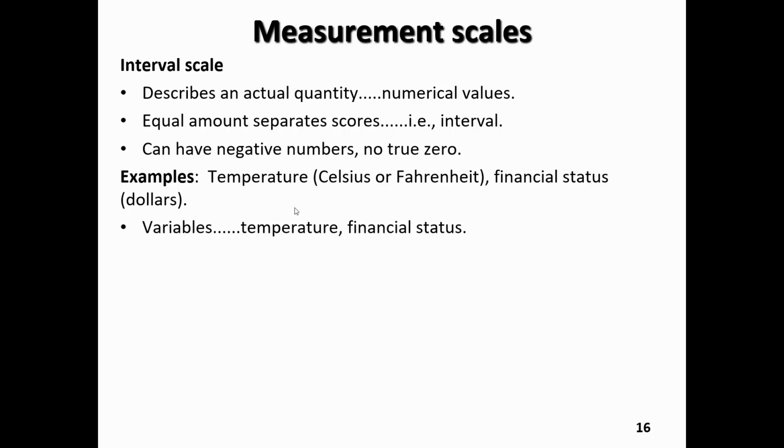And so in this example, temperature and financial status are considered the variables. Each variable on an interval scale should have a unit. So for temperature, the unit would be Celsius or Fahrenheit, and dollars is the unit for financial status.